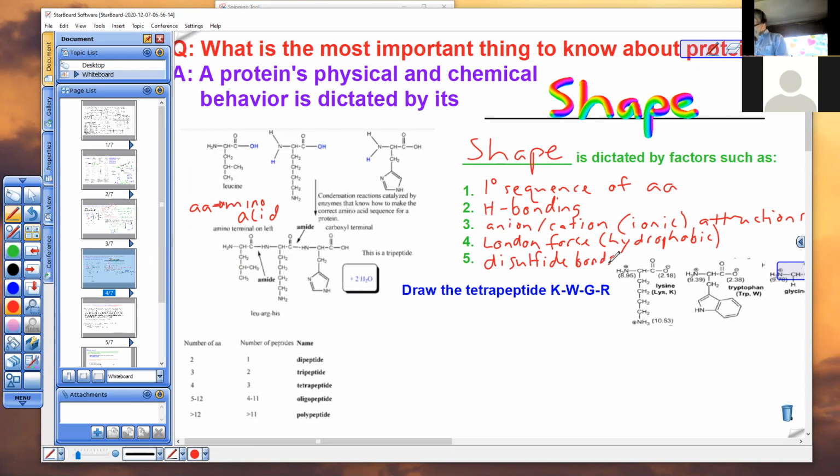Disulfide bonds are very important. And disulfide bonds are RSH from cysteine. That's the only amino acid that has a thiol. And it goes to RSSR with another cysteine. So now you have a covalent bond between two sulfurs. And that there is just a very badly drawn sulfur.